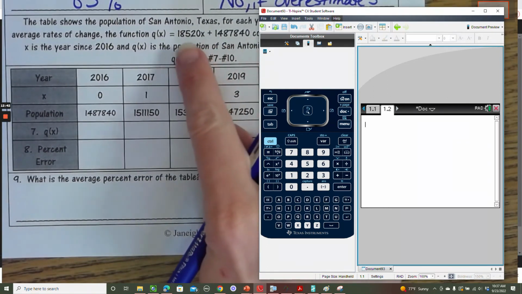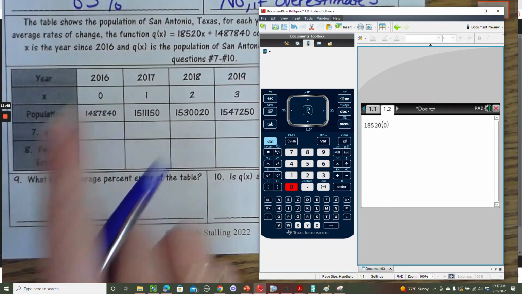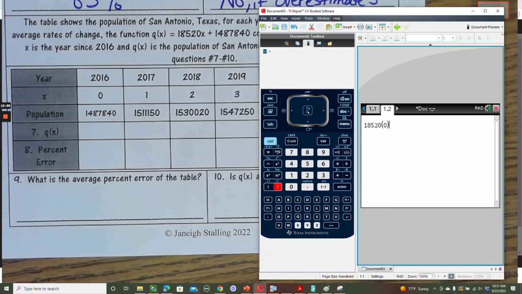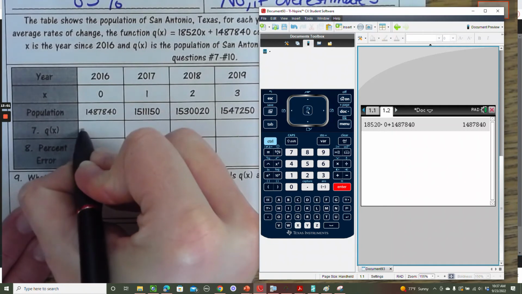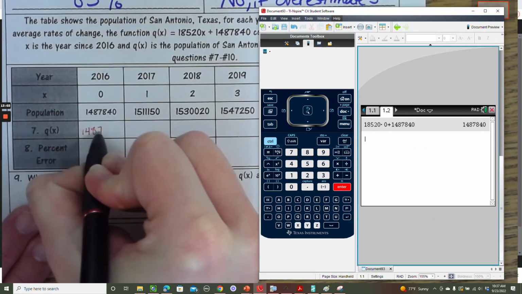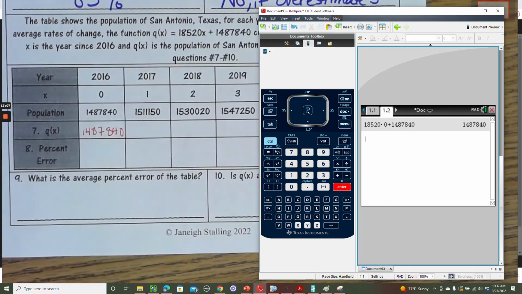So you take your equation, and for the x, you just plug that value in, plus 1,487,840. Every time. But I'm going to show you a quick way. Now what I can do, I can hit the up arrow key twice, highlight it in blue, and hit enter.